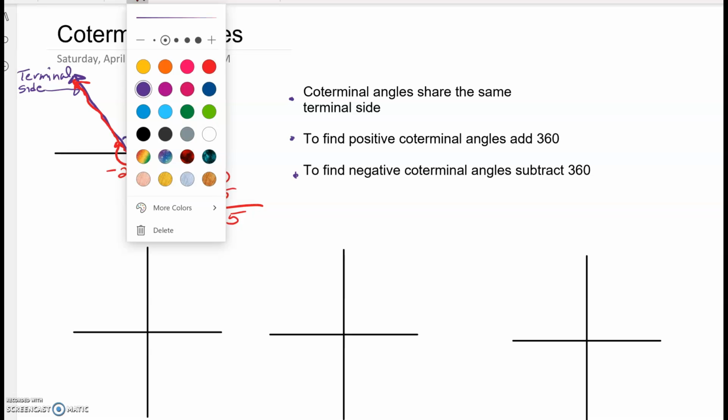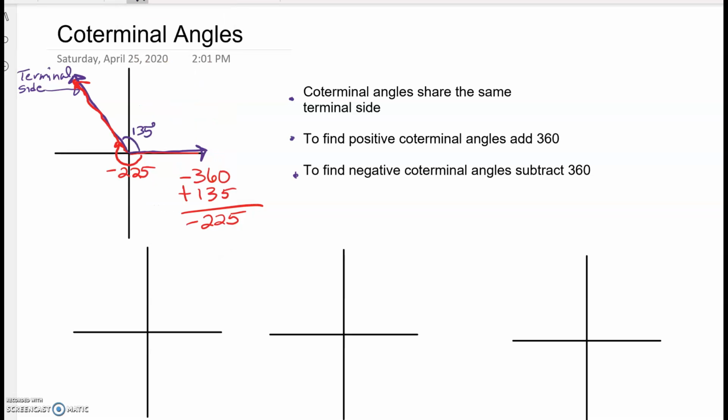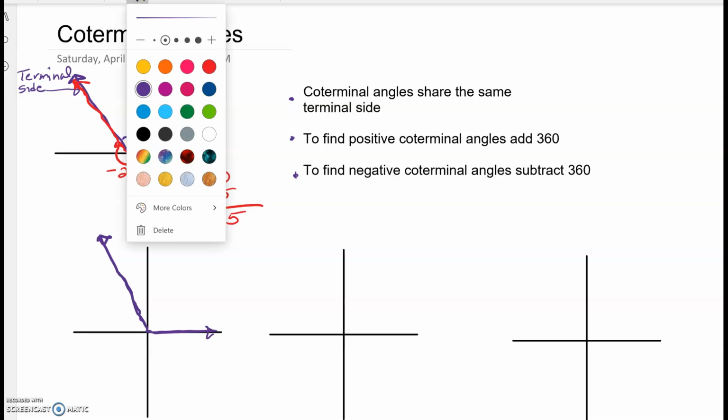Now let's say that I start at 135 again, and I go around a full 360 degrees. So what is that going to look like? Let's do a light blue.